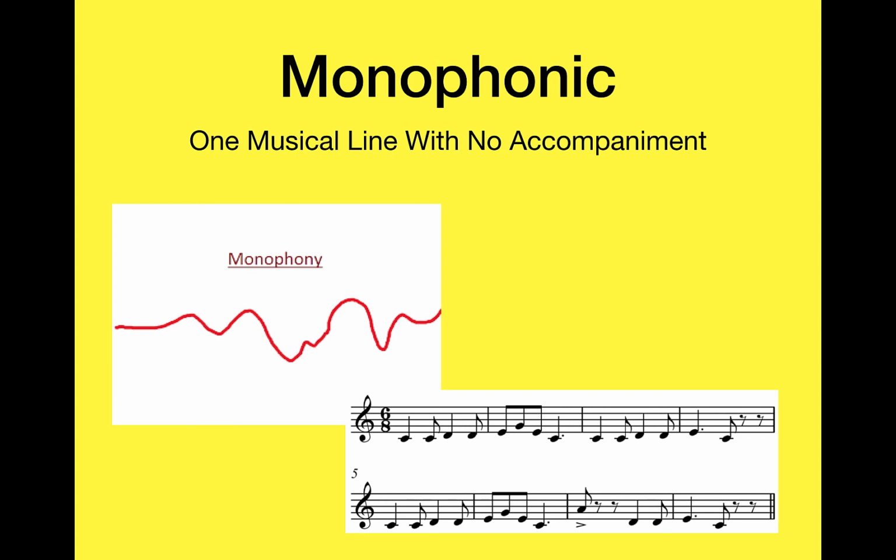That's all you get with the tune. Something like Happy Birthday, as I've demonstrated on the video, you could have monophonic if all you heard was just that one tune.